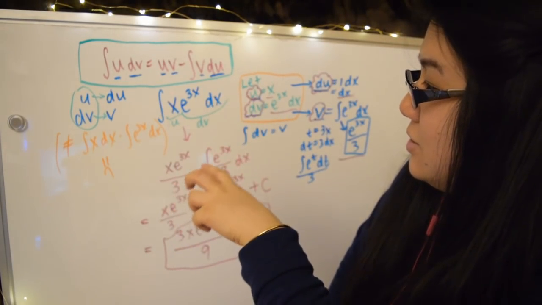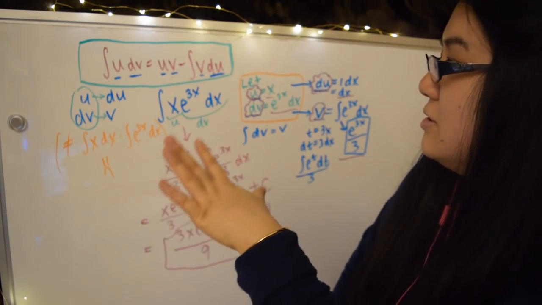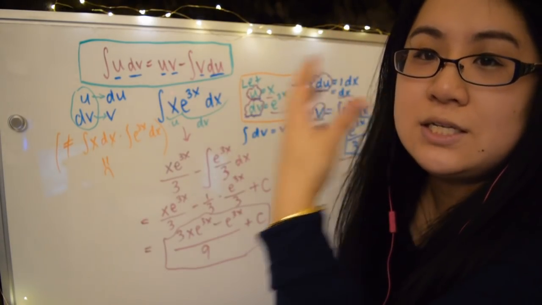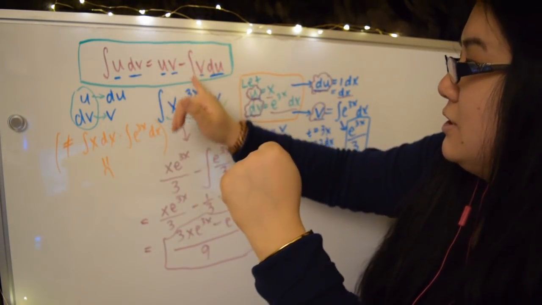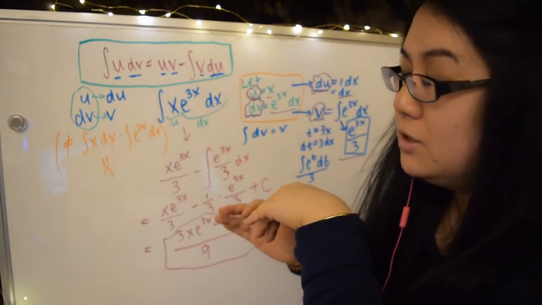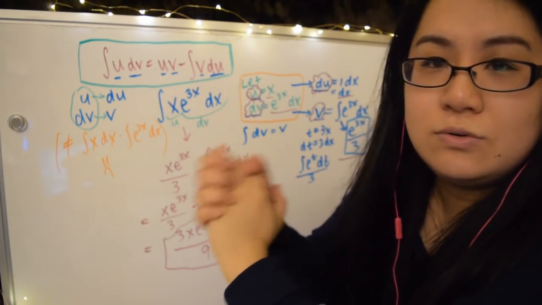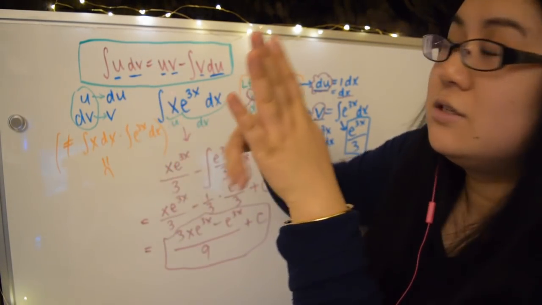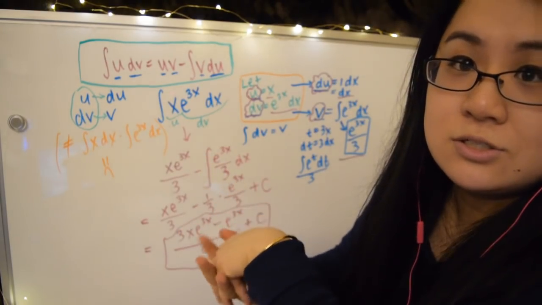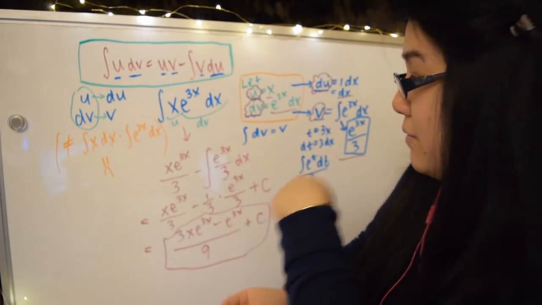Really, in your mind, you want to pick things that make your life easier. Knowing that you're going to eventually be doing the integral of v du, make sure you're picking a u that you know the derivative of, and a dv that you can easily integrate to get your actual v.